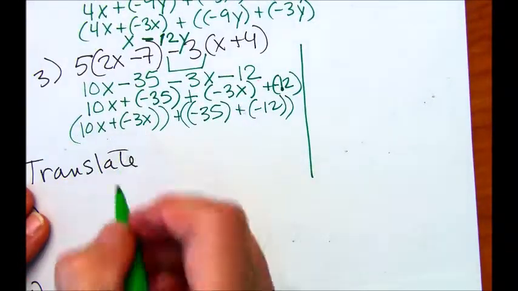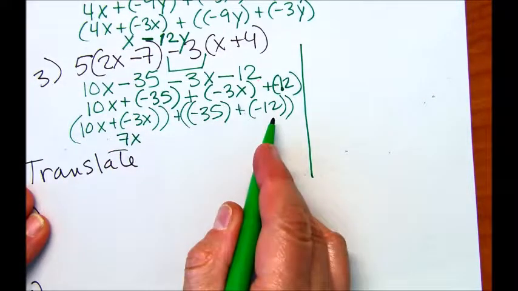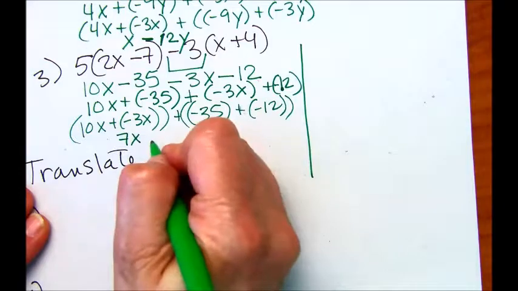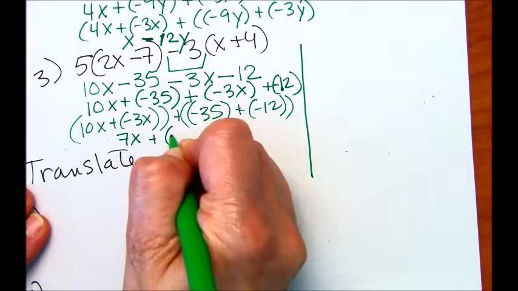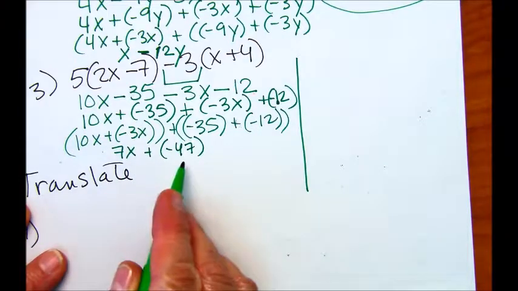Okay, 10 minus 3 is 7x. 35 plus 12 is 47, so that's a negative 47. And notice we can't do any more.